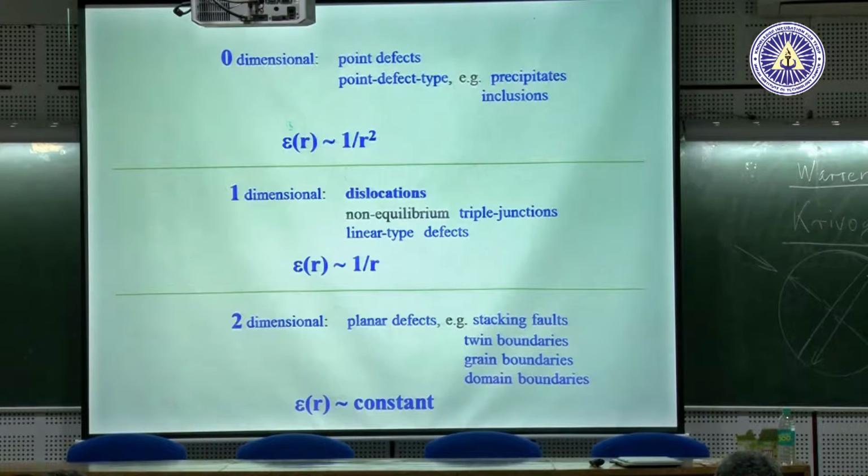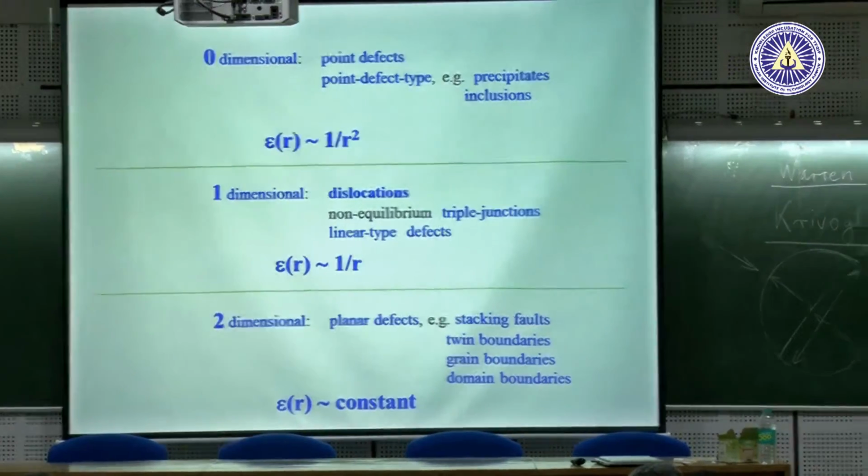So, 0 dimension, you have precipitates, inclusions, point defects. 1 dimension, dislocations or dislocation type defects, linear defects, okay, 1-dimensional linear defects, whose strain field is very similar to the strain field of real dislocations. If you have a polycrystal, you must have heard of the triple junction.